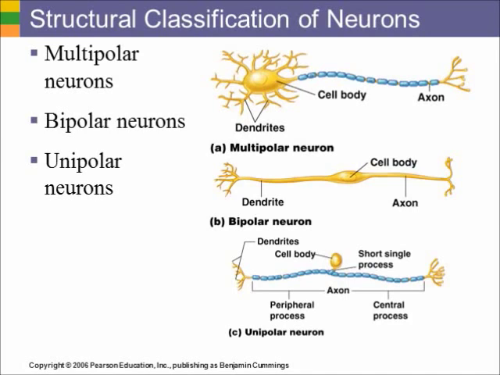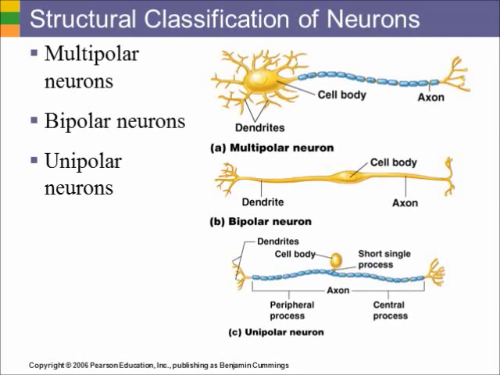Unipolar neurons, what happens is this. You have the cell body, and it's attached by a very short process to a long axon. The central process is going to go towards the spinal cord. The peripheral process will go out to the rest of the body. You will find these kinds of neurons in the dorsal root ganglion of the spinal cord.